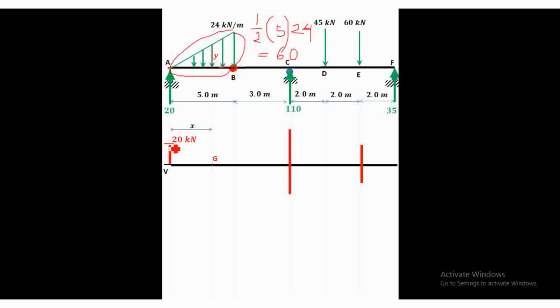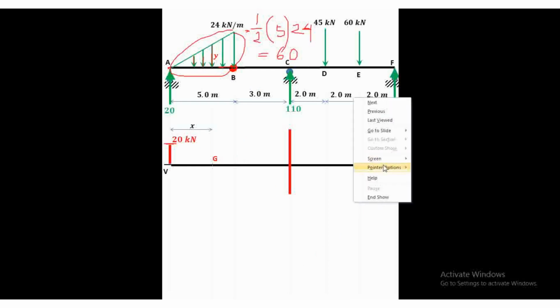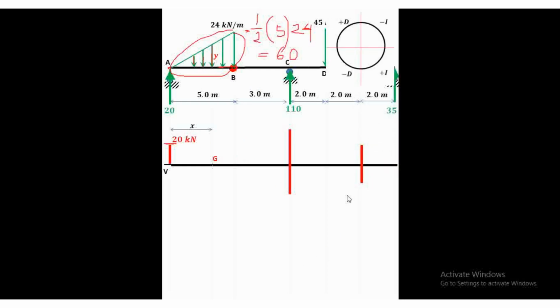Now, I ended at 20. Since the arrow here is downward, that is minus. So, 20 minus 60 is negative 40. How did I get negative 40 again? That is 20 minus 60.